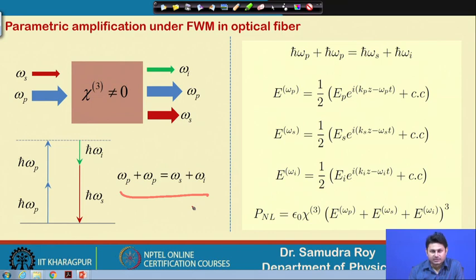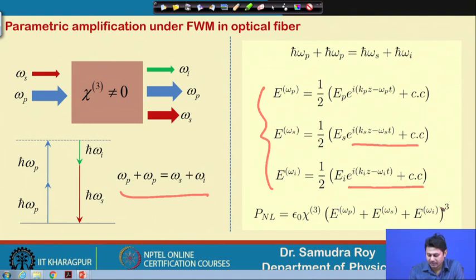Now we have three fields: omega I, omega s and omega p. The omega p field is half E p e to the power i(k p z minus omega p t) plus complex conjugate, omega s is half E s e to the power i(k s z minus omega s t), and similarly for omega I. Again, P nonlinear should be the combination of these three fields, because inside we have these three fields, cubed: epsilon 0 chi 3 E cubed, where E is the total field.